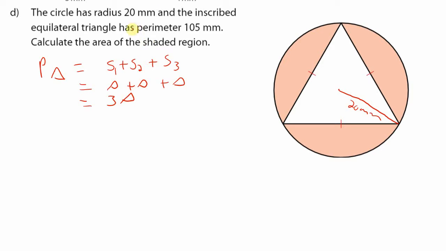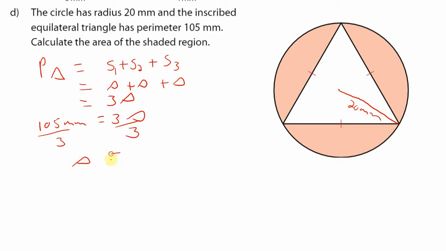Now we know the perimeter. The perimeter is given as 105, so we can replace the perimeter by 105 millimeter. So 3 sides is 105. What's one side then? Well, we can divide both sides by 3.